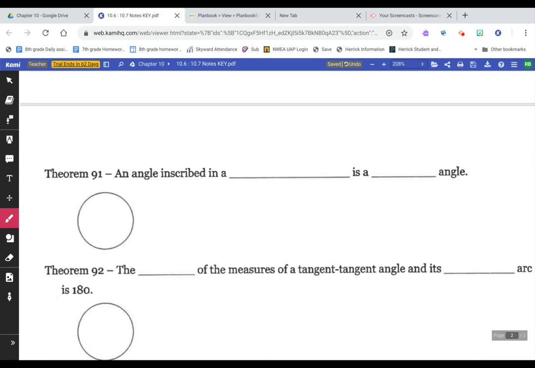Theorem 91. An angle inscribed in a semicircle is a right angle. So let's chop this circle in half and make a semicircle, which will be the bottom half.